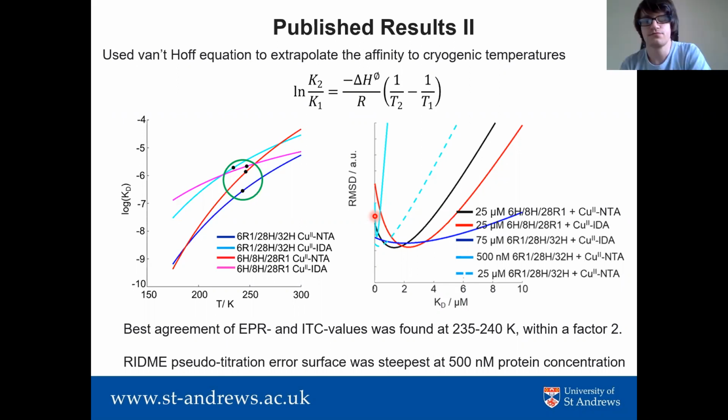So just to round up the first part of the talk, we were able to show that copper-nitroxide RIDME afforded exquisite concentration sensitivity. We were able to show that we could use RIDME to investigate binding equilibria and reconcile the determined KD value with ITC data using the Van 't Hoff equation.